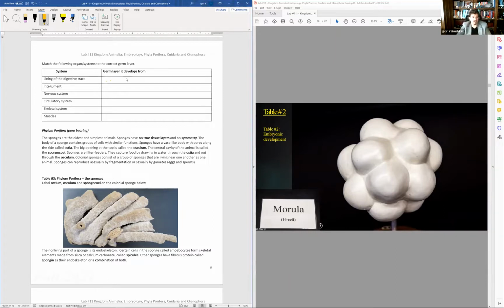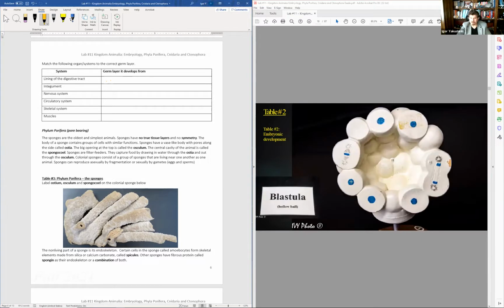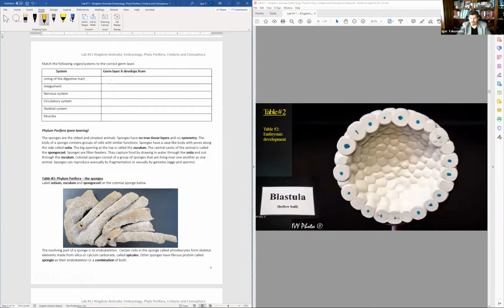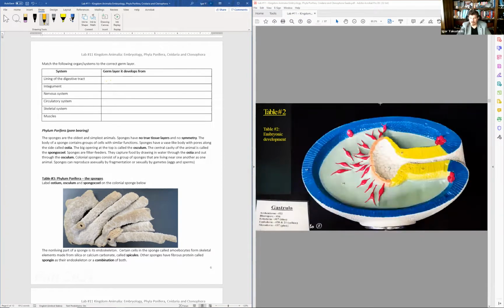So digestive tract, endo; integumentary and nervous system would be ecto; and those three are meso. So we're looking at the gastrula, and here we're looking at the actual model. The blue layer right here is the ectoderm, the yellow layer is endoderm, and those reddish pink layers in between the blue and yellow are mesoderm.